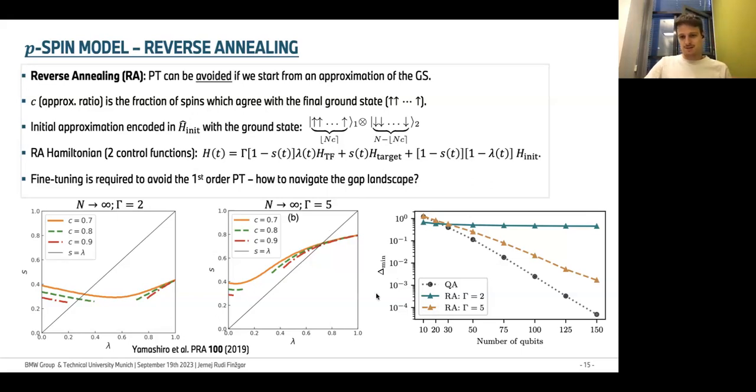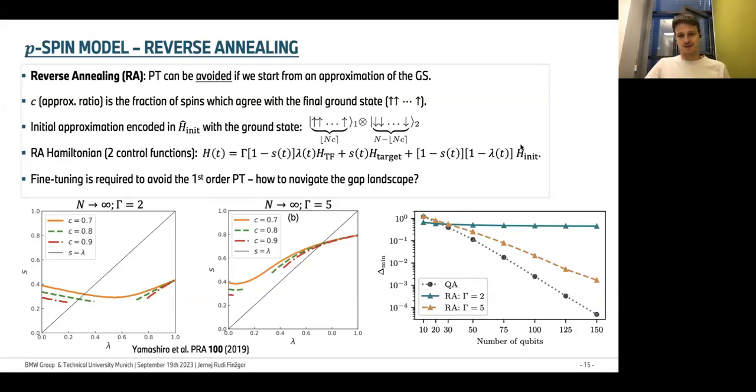And this you can see nicely in the diagram, which plots the minimum spectral gap along these paths. So you see that for gamma equals 5, you still have an exponential decrease in delta, whereas for gamma equals 2, this is almost constant.